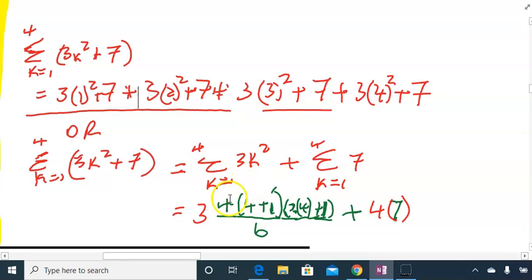So it'd be 3 times, using the general formula, n times (n plus 1) times (2n plus 1) over 6. You can just plug in 4 wherever you see that n, because our formula was k equals 1 to n, so our n was equal to 4. And then plus, we want to use the constant formula, so that would be 4 times 7, or n times c.